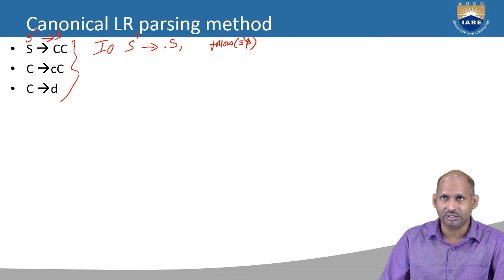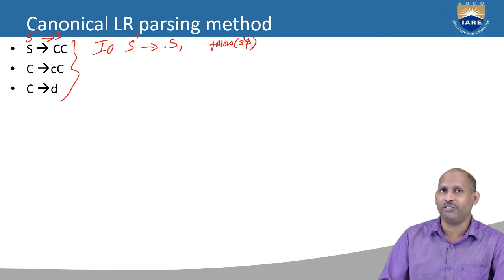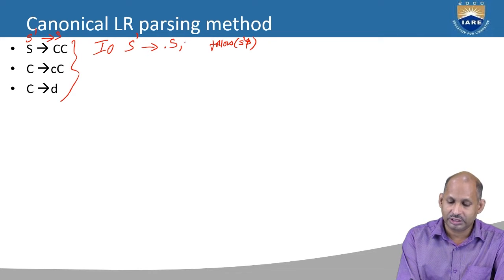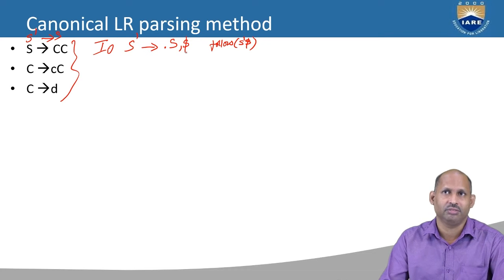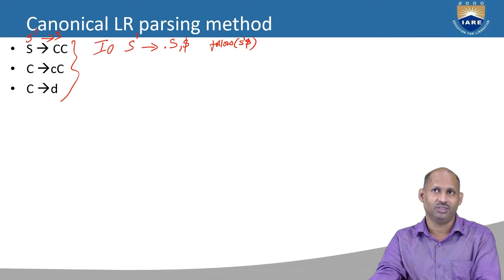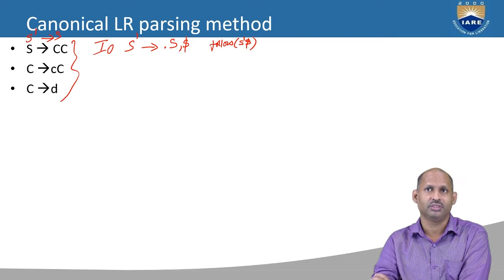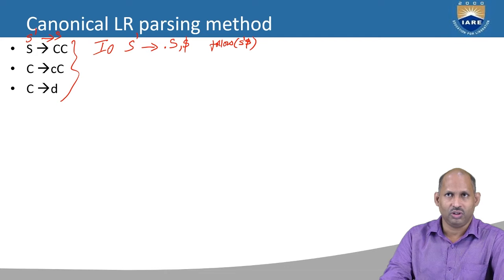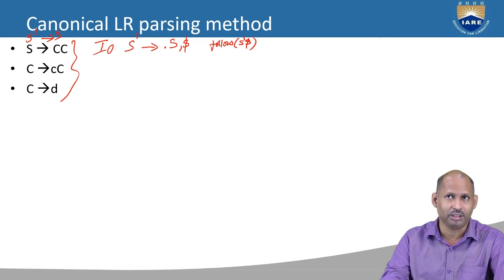There is no S dash on the right side in the given productions, so the follow of S dash will be the dollar sign. So we include the dollar sign: I0, S dash gives dot S comma dollar. It is important how you determine the terminal.